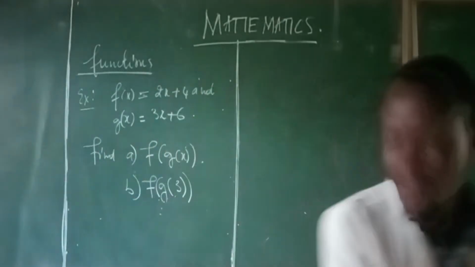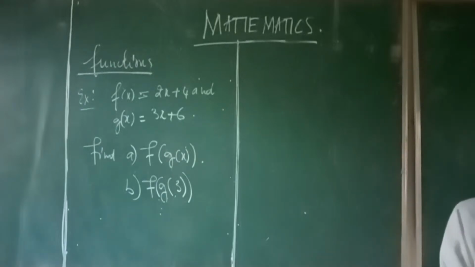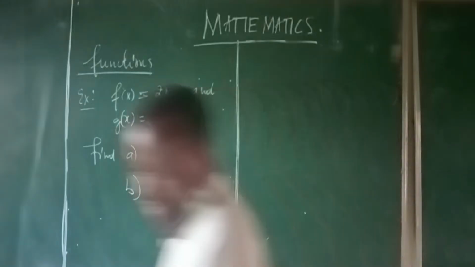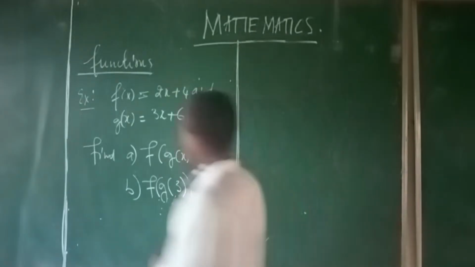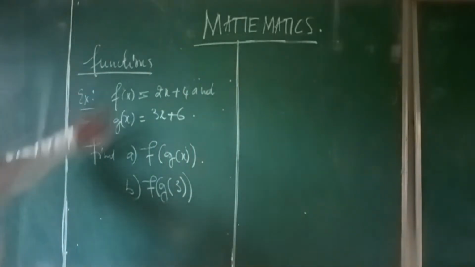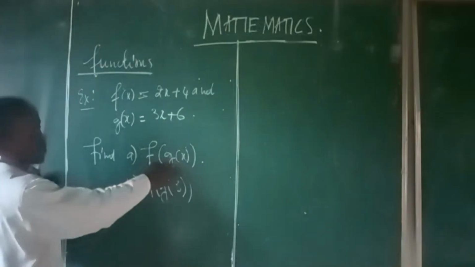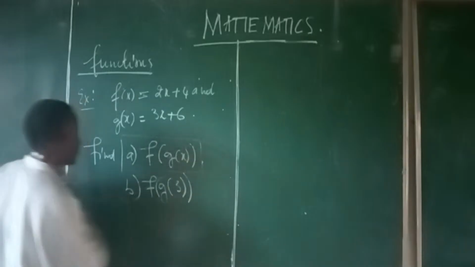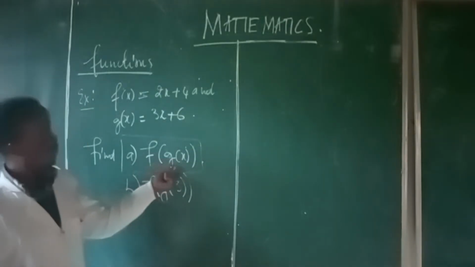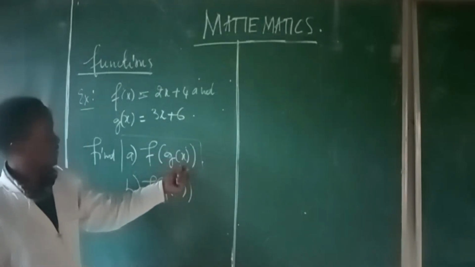So guys, let us continue. Now we have our two functions, and we are asked to combine those two functions here at sub-question A. We have f of g of x, right?